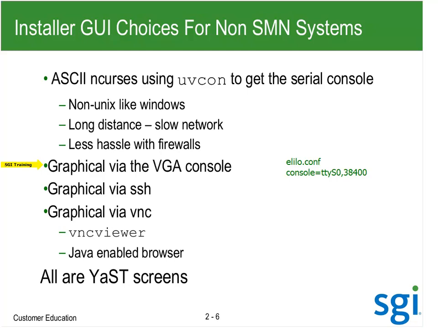And baud rates will change depending upon what your BMC and CMC and console connection is configured as. All are basically still YaST screens, but because I'm remote, I usually use the ASCII Ncurses version of the installer.